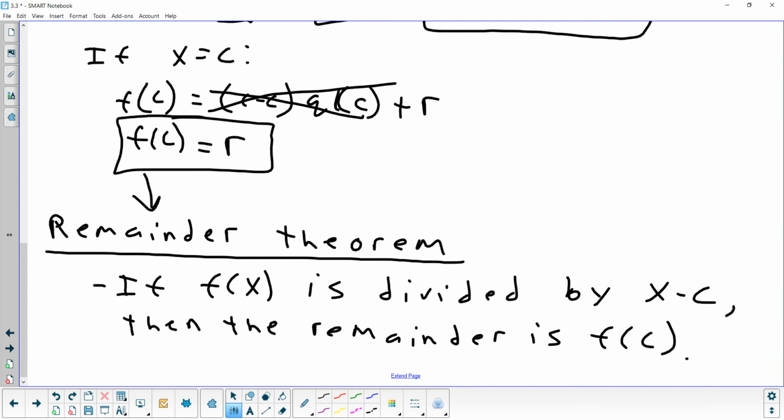And remember from earlier, why did I say the remainder is important? What can the remainder tell you about something? Especially if it comes out to a certain value.